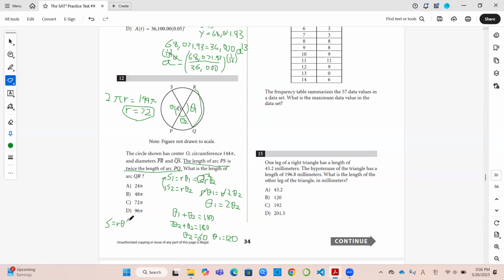In this case, it's going to be theta 1, so it is equal to r theta 1. This is equal to 72 times 120. Now I need to convert this 120 degrees into radians. So don't forget to multiply by pi over 180 here.